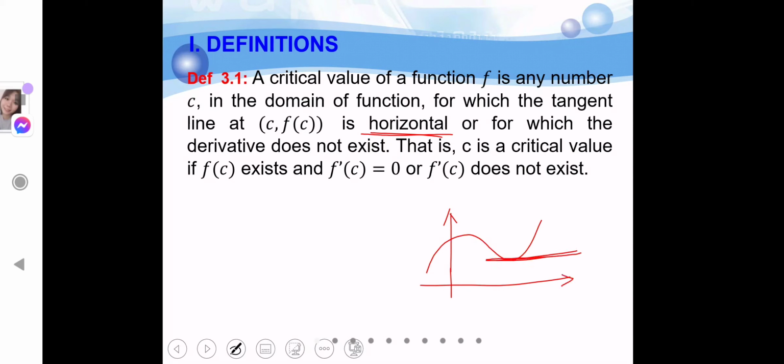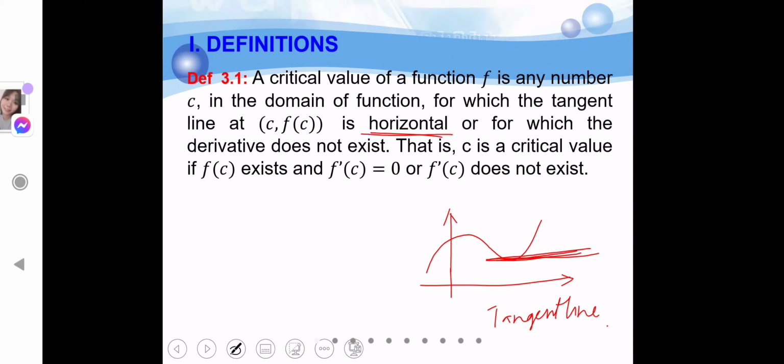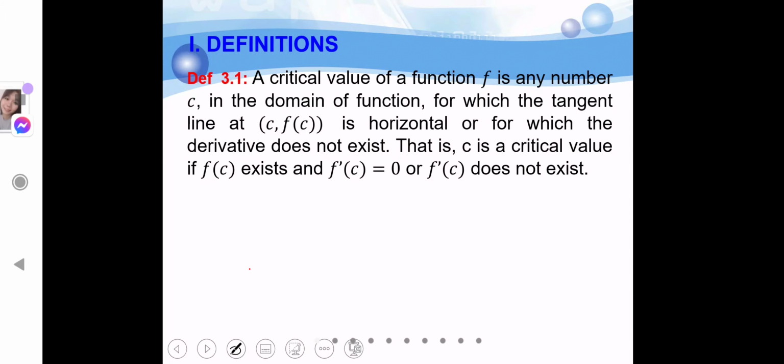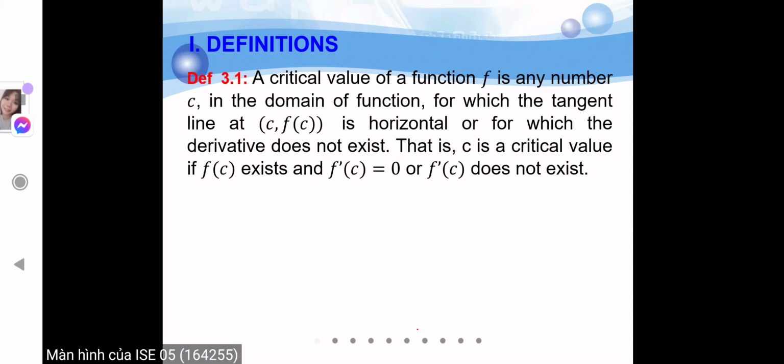That means the tangent line is parallel to the Ox axis, so f prime at c equals 0, and the slope equals 0. That is a critical value. Let me give you an example.